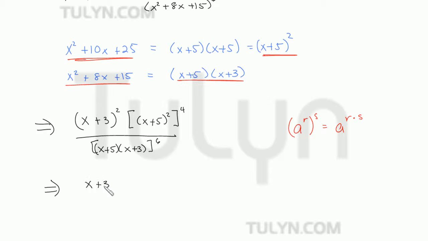So this becomes (x plus 3) squared times (x plus 5), and then 2 times 4, you multiply 2 and 4 to get 8.